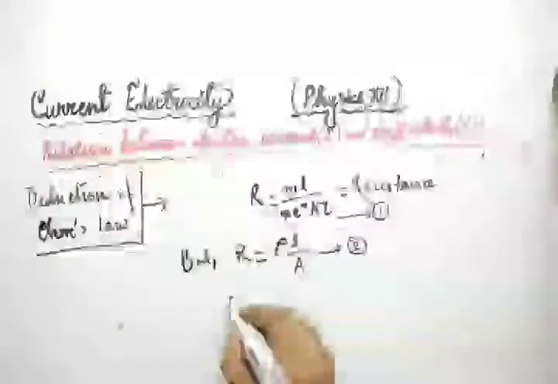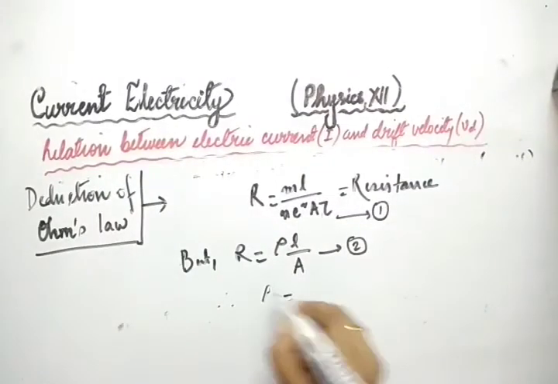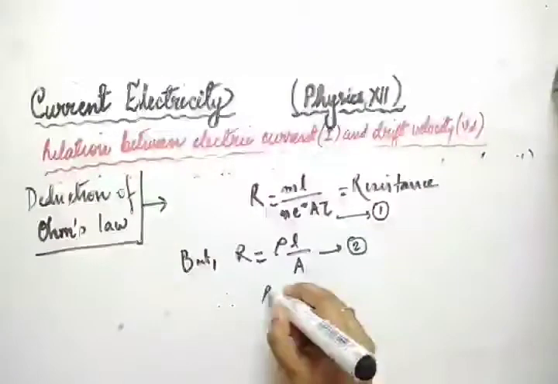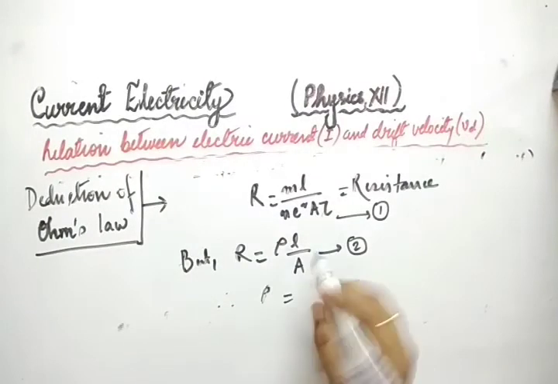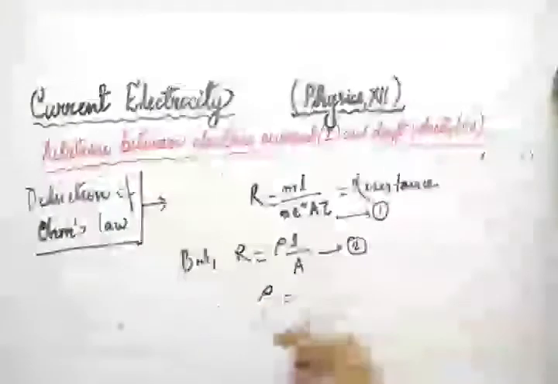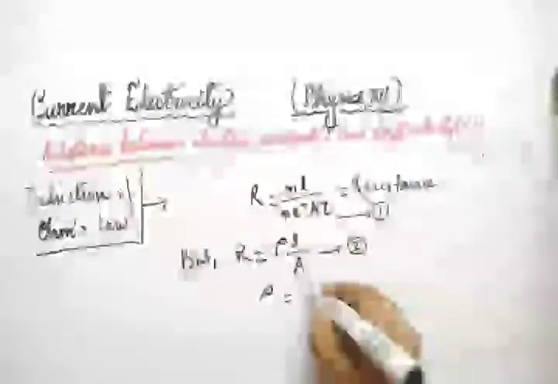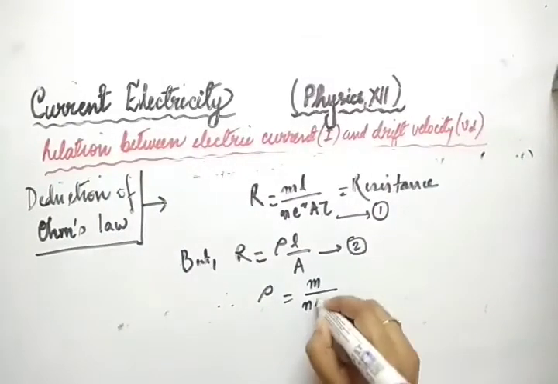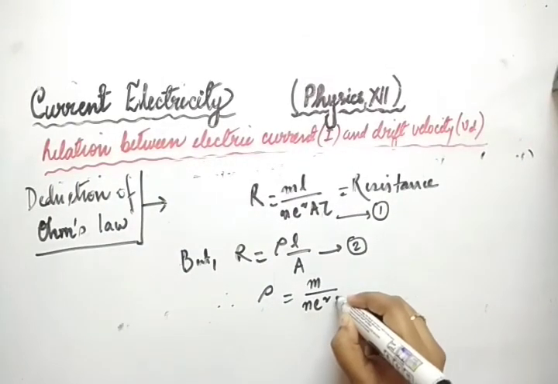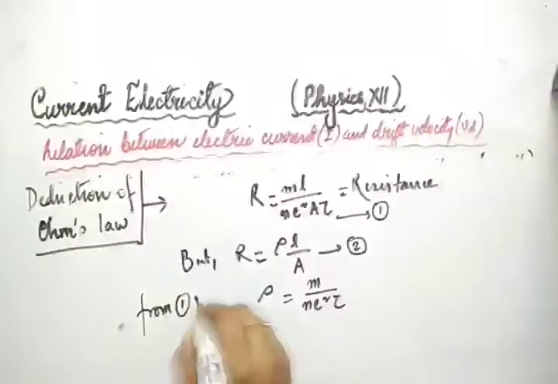So we can write therefore rho is equal to m by n e square tau, from 1 and 2.